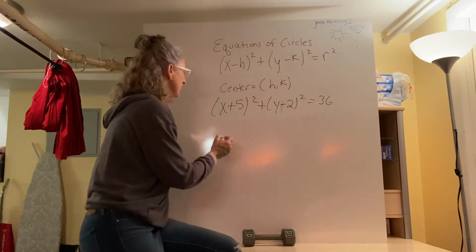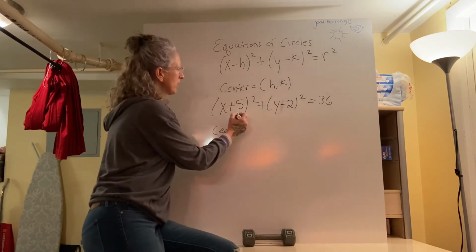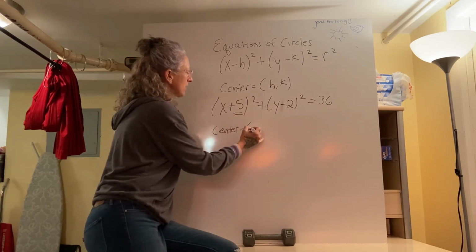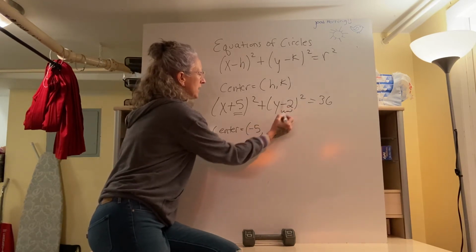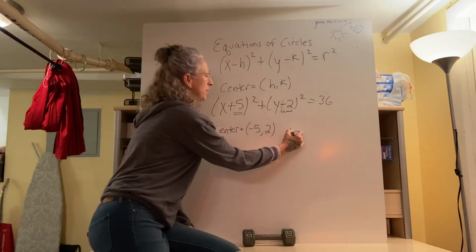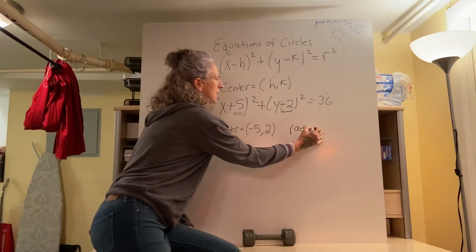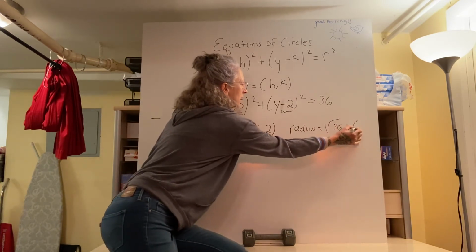So our center equals, my x coordinate is going to be the opposite of this, so negative 5. My y coordinate is going to be the opposite of this, so positive 2. So my center is at (negative 5, 2), and my radius is the square root of 36, which equals 6.